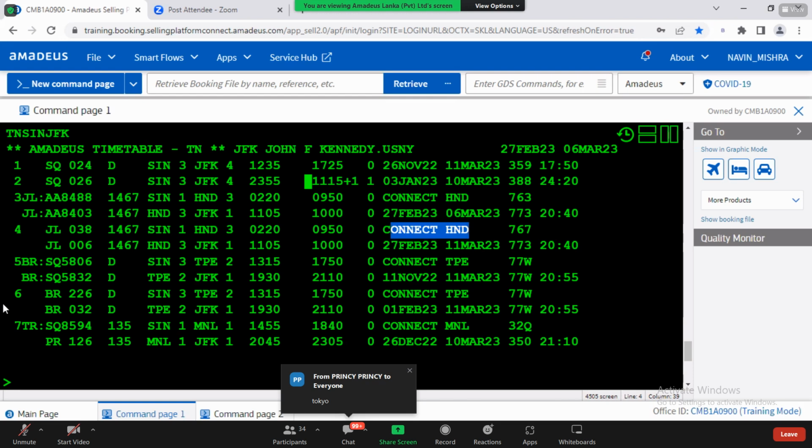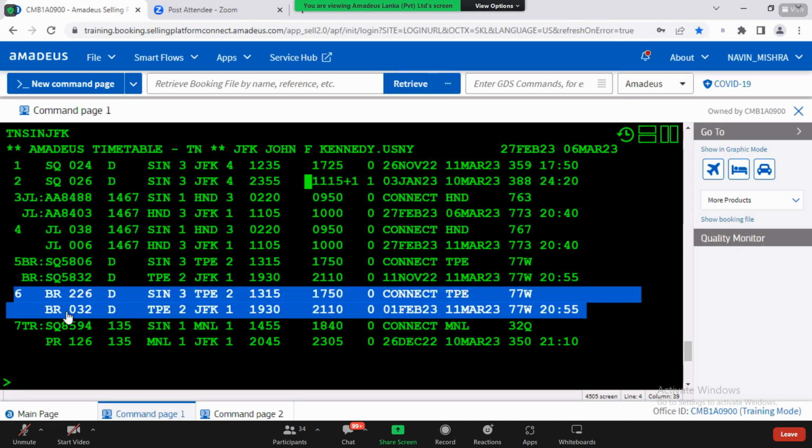Now look at line number 2 with me. What type of flight is this? A set of airlines, always a set of different flight numbers. Do you see this? Yes, no? Now tell me, at last, which flight number is the connecting one?